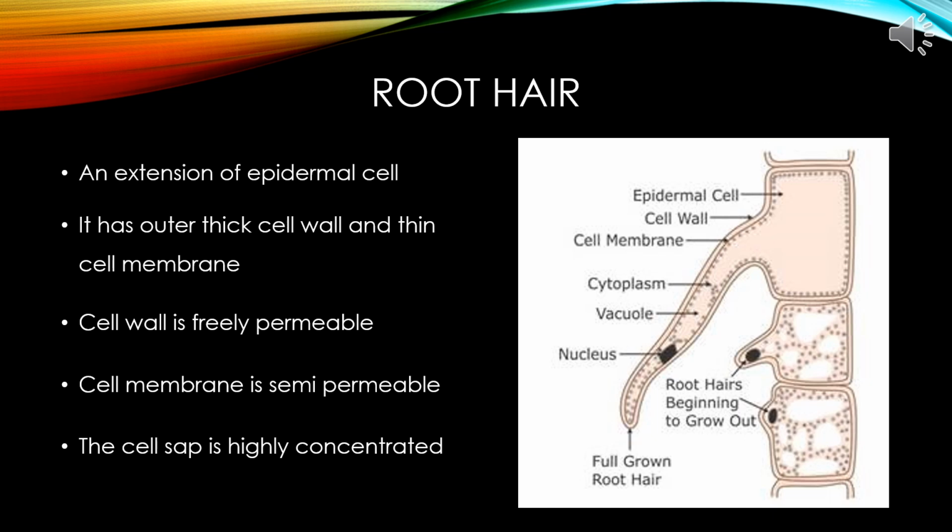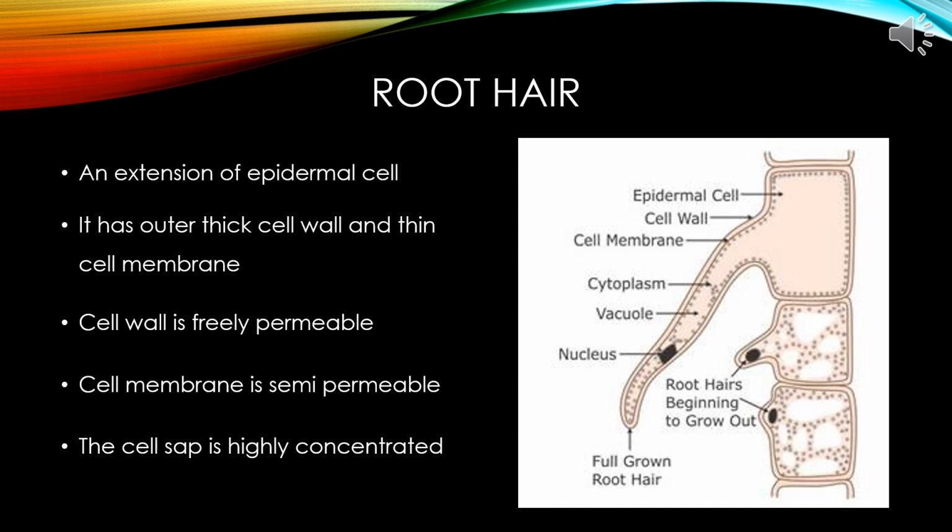And there is a big vacuole inside the epidermal cell. This vacuole contains a fluid called the cell sap. So the cell sap of this root hair cell is highly concentrated. That means there is very little water and more solutes found in this cell sap.